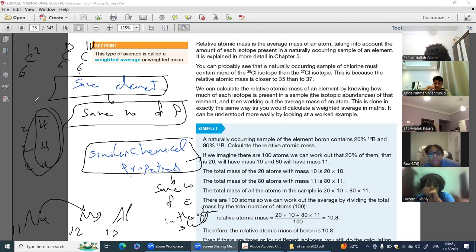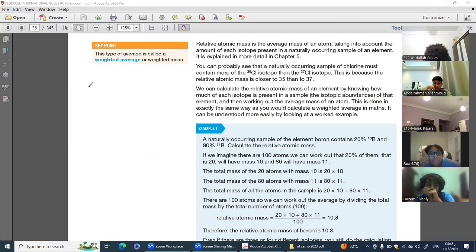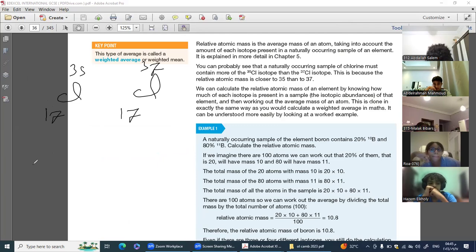Okay. After that, relative atomic mass is the average atomic masses. For example, if we have Cl-35 and Cl-37, the relative atomic mass is the average atomic masses.